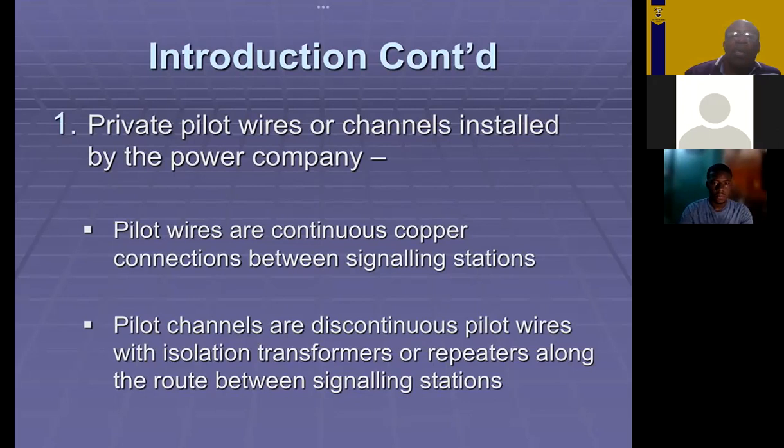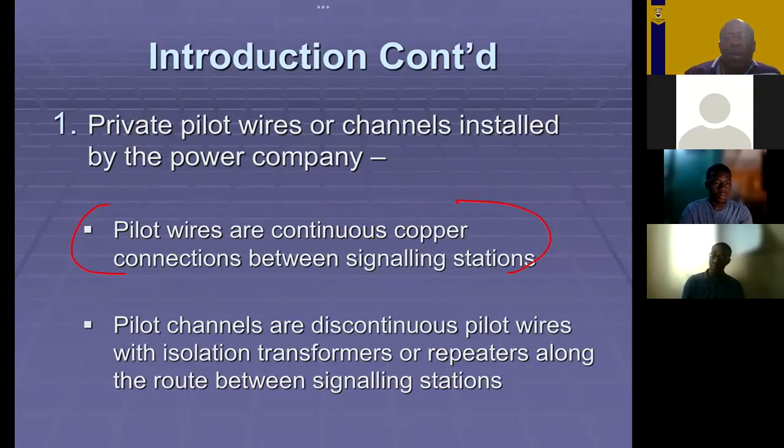Or pilot channels. So the distinction here: your pilot wires, as I said, are continuous twisted copper between the two stations. The pilot channels are what we refer to as discontinuous pilot wires with isolation transformers or repeaters.